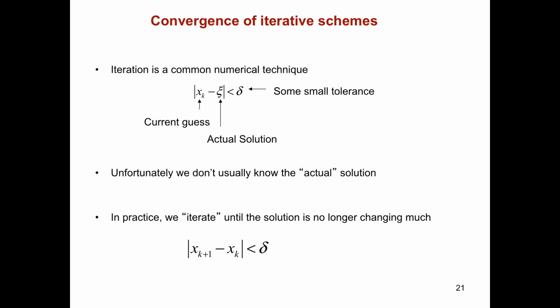When am I accurate enough? And as I keep computing, am I getting closer to the solution that I'm looking for? That is called convergence, convergence of an iterative scheme. I'm actually converging to a true solution to the problem.